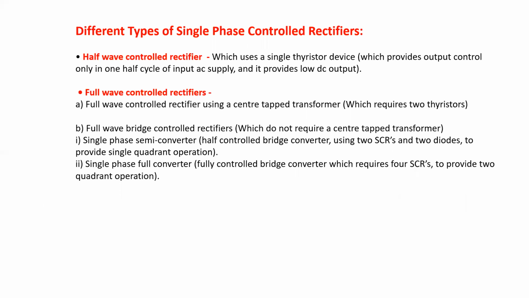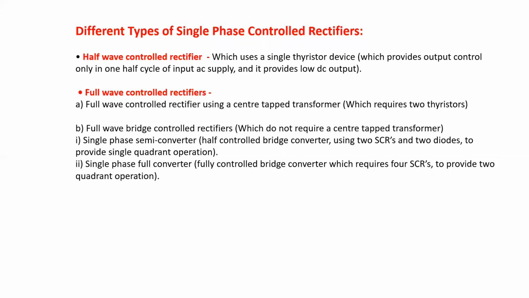Now we'll learn the concept of the half-wave controlled rectifier. This is a single thyristor circuit in which only one SCR is used, and this SCR conducts only during the positive half cycle. That's why it is called the half-wave controlled rectifier. The second type of single phase controlled rectifier is the full-wave controlled rectifier, in which there are two types.